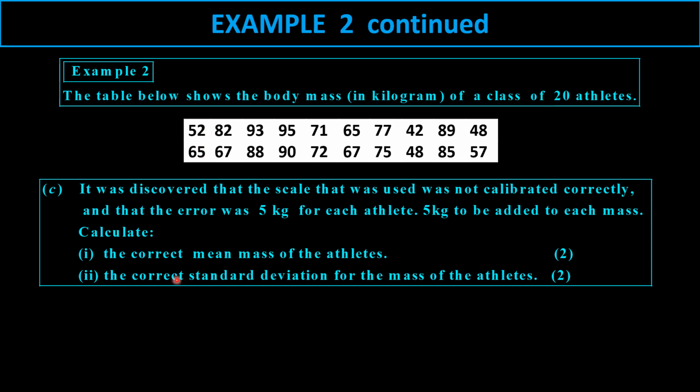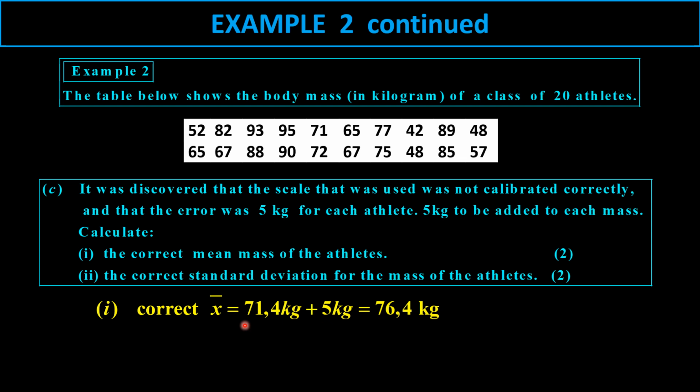Okay. Now they have some questions here. Calculate the correct mean. Would the 5 kilograms affect the mean or won't it affect the mean? Okay, let's see. If you actually add up those new values and divide them by 20, you'll get the answer 76.4.